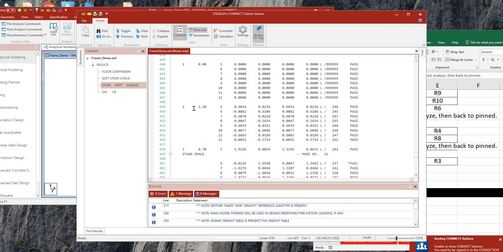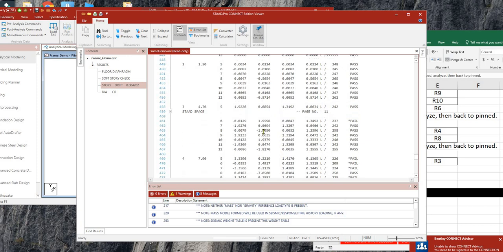Yan, see? Pumasa na ngayon yung ating first floor level. Pass na siya lahat. Tapos, sa second level, 4.7 to 7.9, meron na ring, marami na ring pass, pero meron pa ring isang fail.